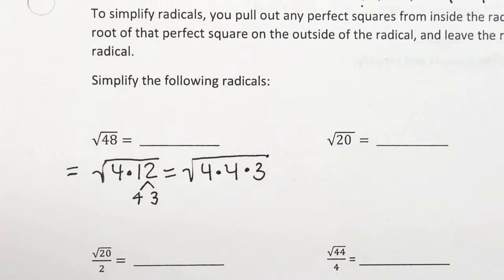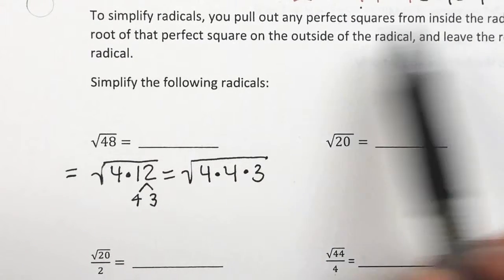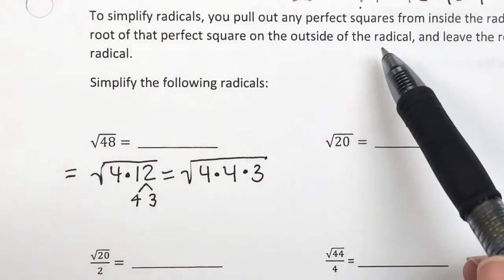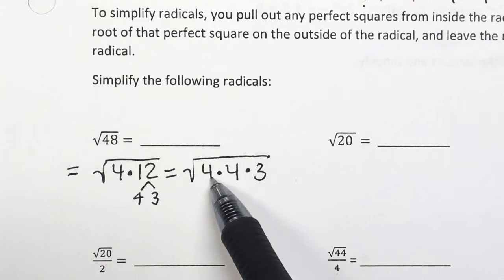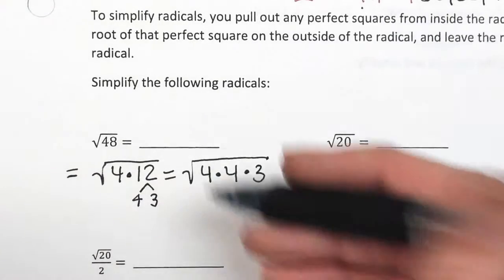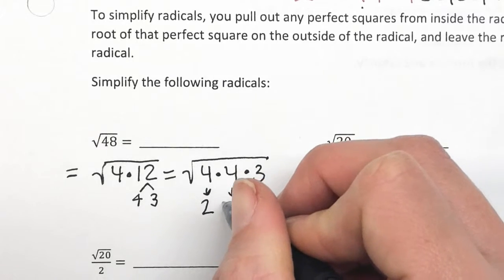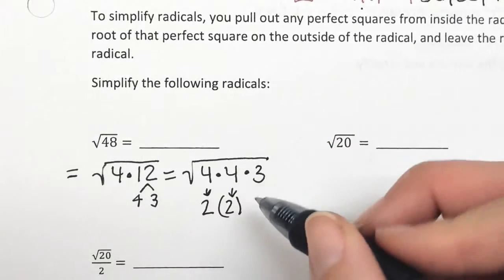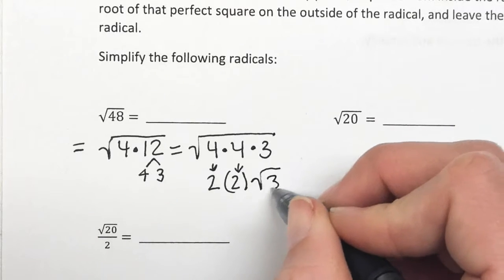No. So once we find perfect squares that can go into it, you then put the square root of the perfect square on the outside, then leave everything else on the inside. So what is the square root of 4? Okay, let's bring that out. What's the square root of 4 here? What has to be underneath the radical still? 3, right?